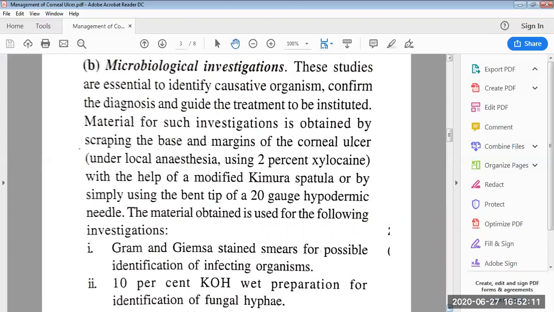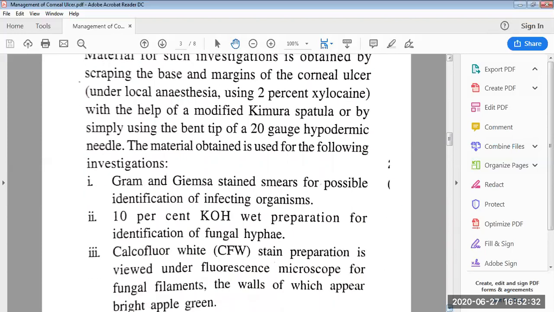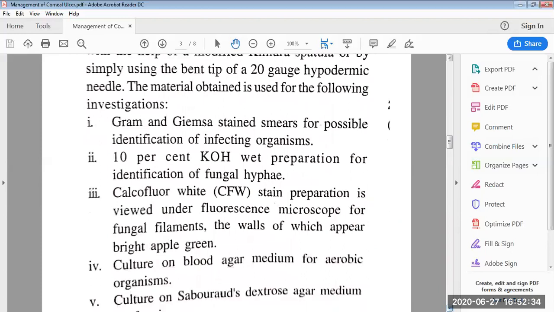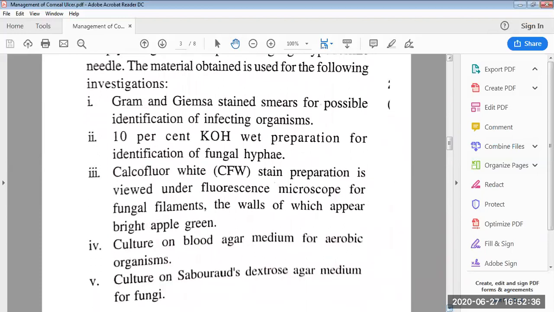Materials for such investigations are obtained by scraping the base and margins of the corneal ulcer under local anesthesia using 2% xylocaine, with the help of a modified Kimura spatula or by simply using the bent tip of a 20 gauge hypodermic needle. The material obtained is used for the following investigations, like Gram and Giemsa stain smears for identification of infecting organisms.